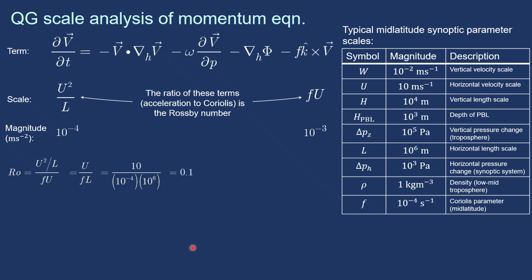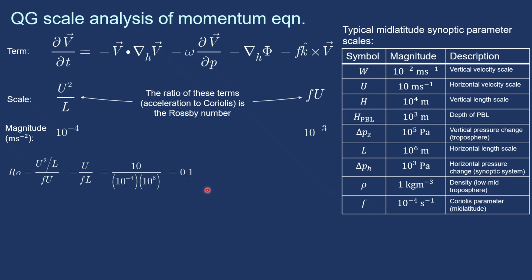When you work all of that out, you get a value for the Rossby number of 0.1. Remember that the smaller this number gets, the closer to 0, the closer the flow is to pure geostrophic. In the case of pure geostrophic flow, it would be unaccelerated, so the acceleration term, U squared over L, would be 0, and the Rossby number would be exactly 0.